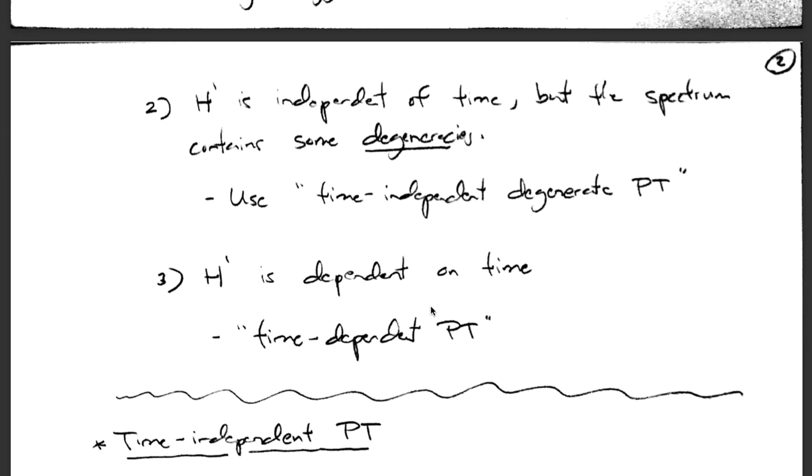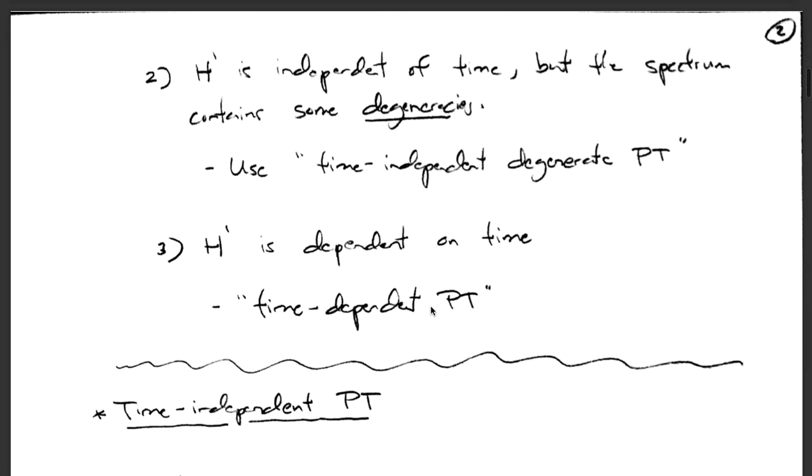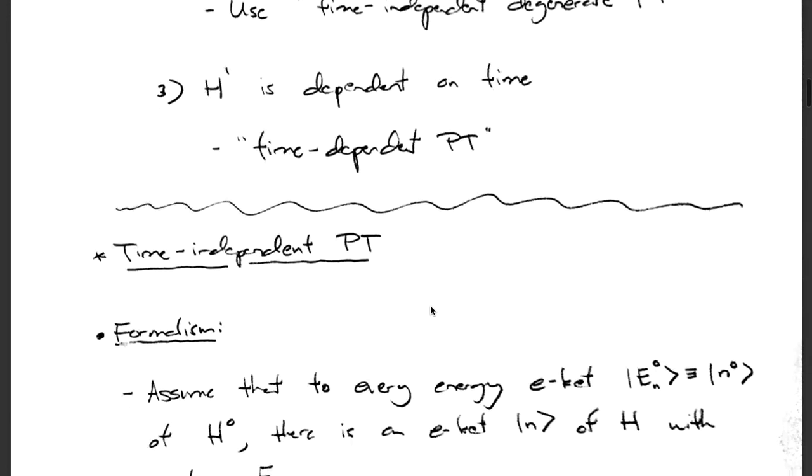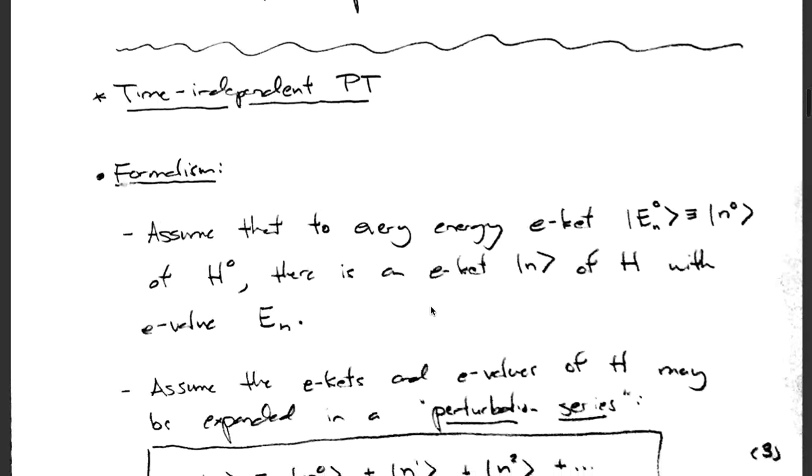And that'll actually lead us into a discussion on scattering theory, because you can picture a scattering as a time-dependent perturbation on a system. Okay, and we'll see how that works. So those are the three main topics of perturbation theory. So let's start talking about time-independent perturbation theory.